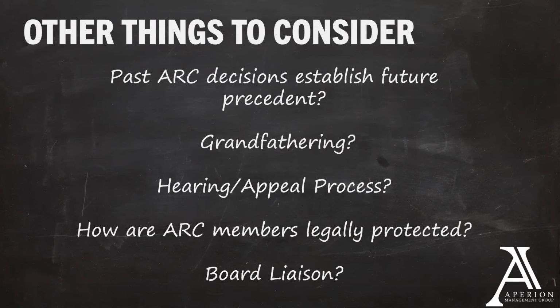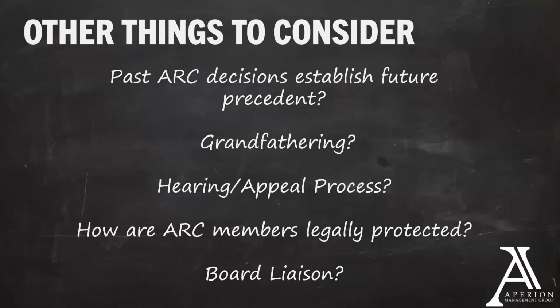Or maybe even, if something's really getting out of hand, the board liaison does weigh in with the committee and says, hey, we really don't want this to end up in litigation or as an appeal. What does everyone think about XYZ? So they're just another layer from the board. Again, not an official member of the committee, not a voting member, but more a liaison between the board of directors and the architectural review committee.